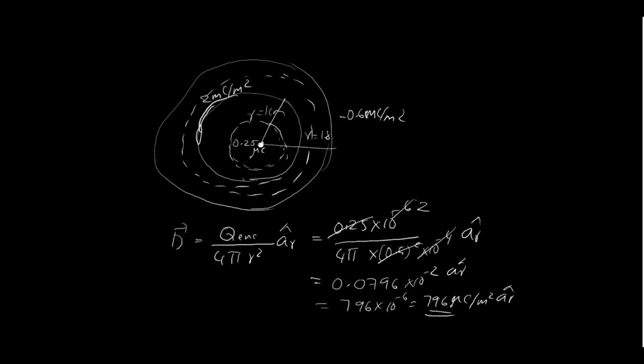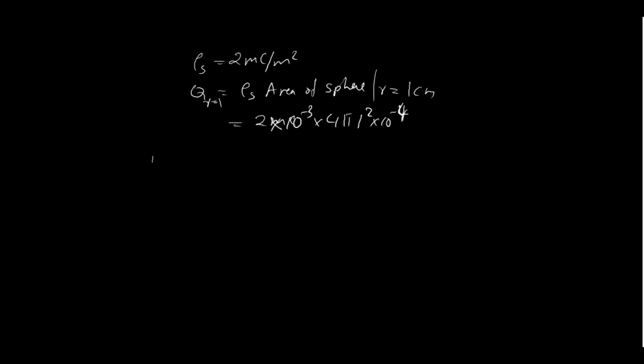So now the total charge enclosed for this sphere is 0.25 plus this one. According to this, D is equal to Q enclosed divided by 4 pi r square.